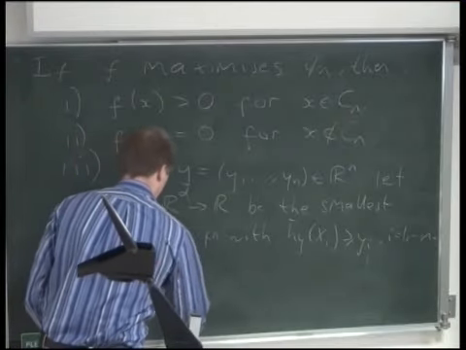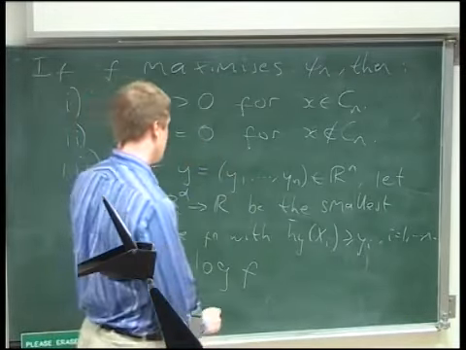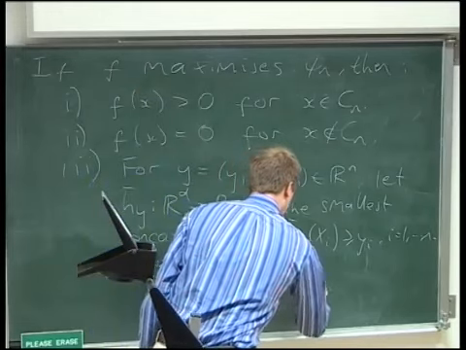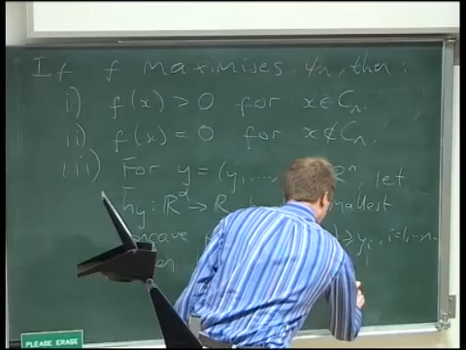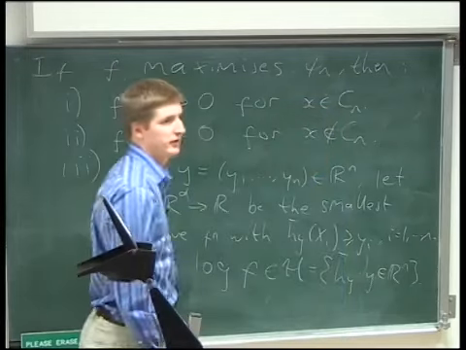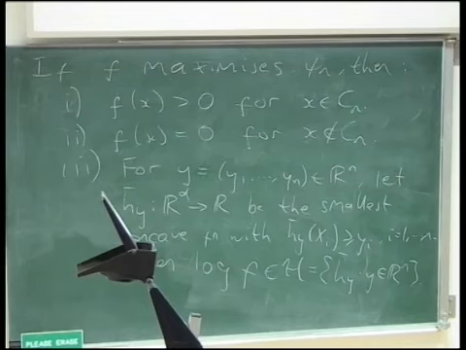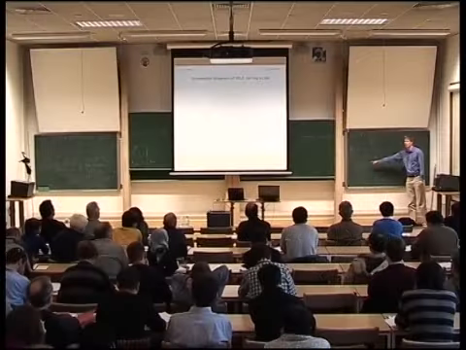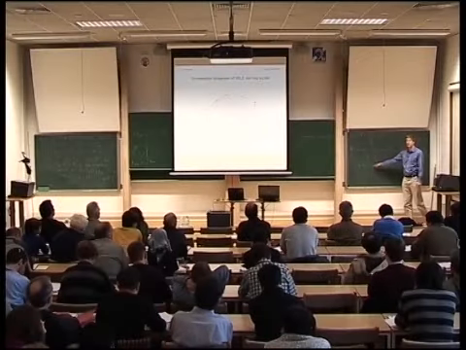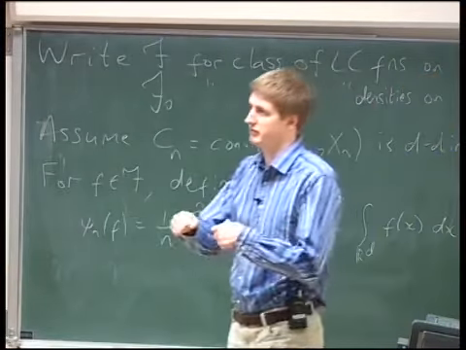Okay, so I claim that the logarithm of my maximizer here must belong to the class of tent functions. It must be some tent function. And the reason for that is rather similar to the argument I gave before, that if it weren't, then I could replace my f with some function that took the same value at the observations, but had a smaller integral because it's stretched taut here.